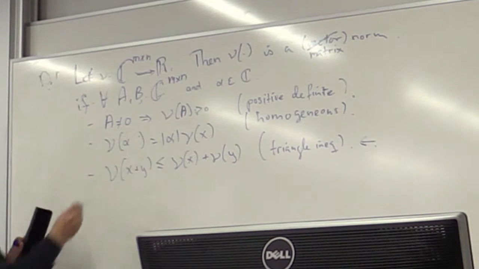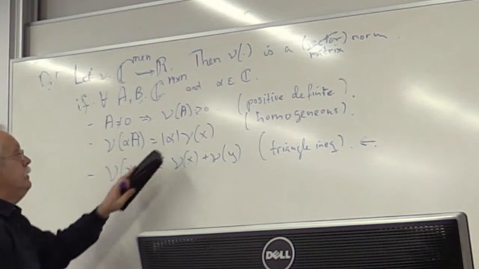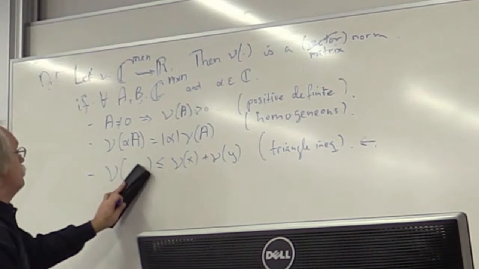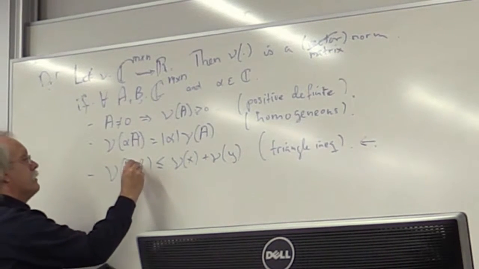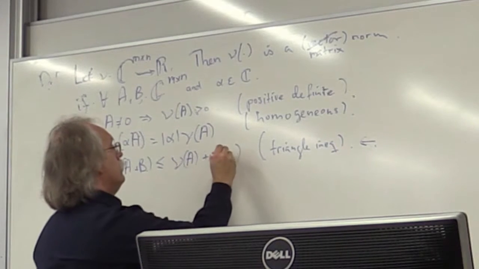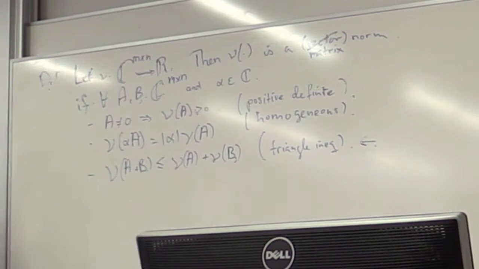If you multiply A by alpha, then you just get that. And if you add two matrices together of the same size, then you get this right here. Fair enough?